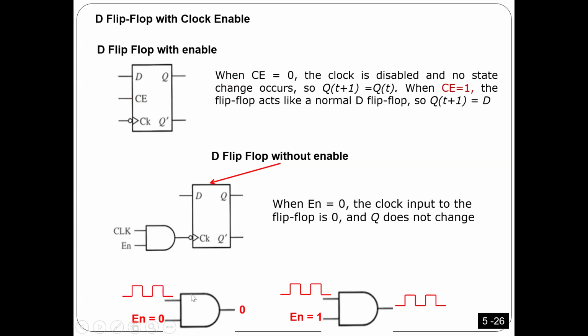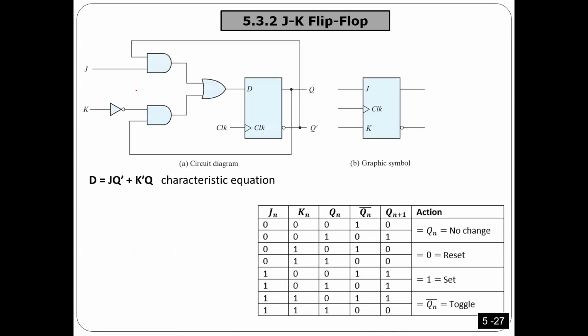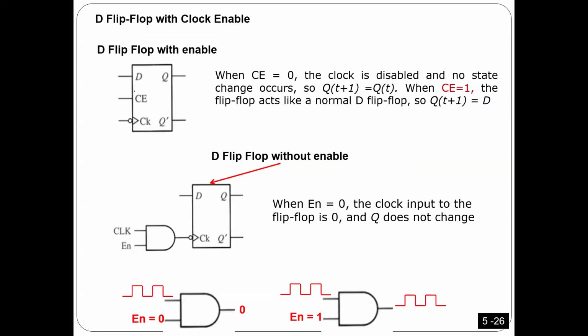I also want to tell you something interesting here. If the flip-flop does not have enable, I can make an enable. This one already has an enable, but what I'm saying right now is if it does not have an enable, I can make one. You know how? Look here how I make it. This is the clock. If there is no clock, it's no change.